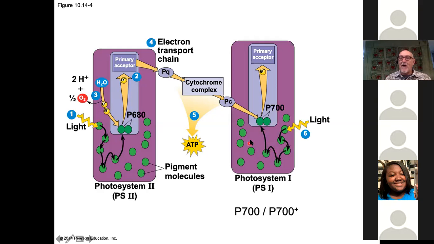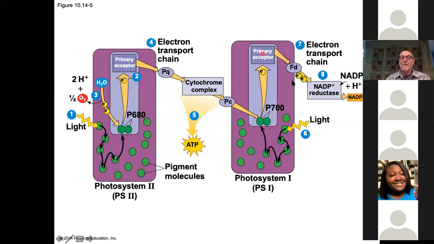The pigments around it contribute energy, and its electron is boosted to a high energy level to another primary acceptor. P700's electron is replaced by this electron tumbling down here. This electron tumbles down here and reduces the oxidized P700. The electron from P700 now has entered another transport chain.